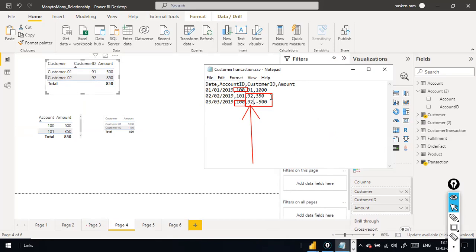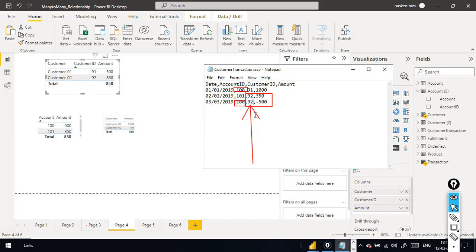But again, the 92 is nothing but 1,000 minus 500. That is why I said, if I ask you how much balance you have in your account, let's say 92 is your account ID, 91 is mom's account ID. If I ask her, she will say 500, you will also say 500, isn't it? So your account balance is 500. And apart from this joint account, you have another account. So 500 plus 350, 850, it is giving me correctly.